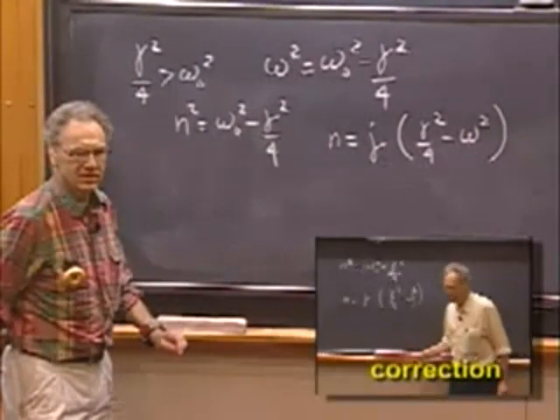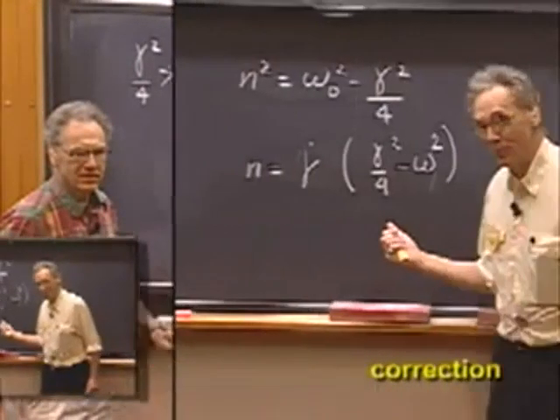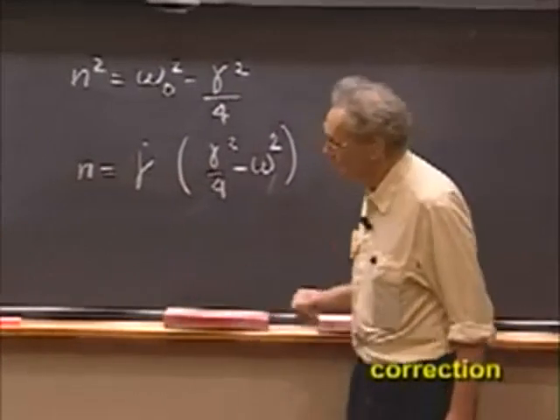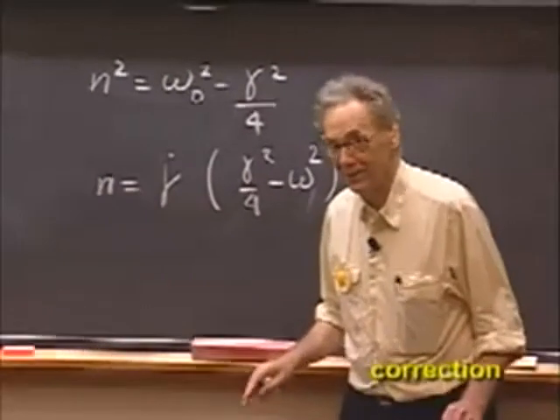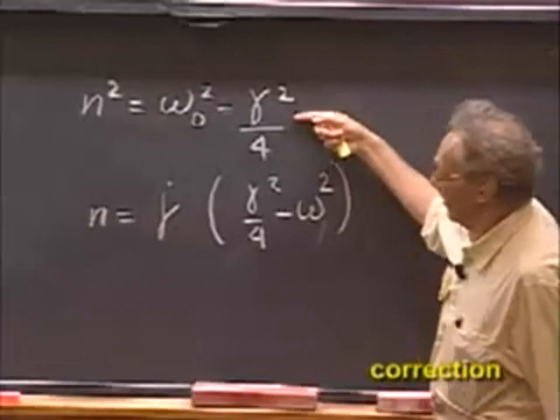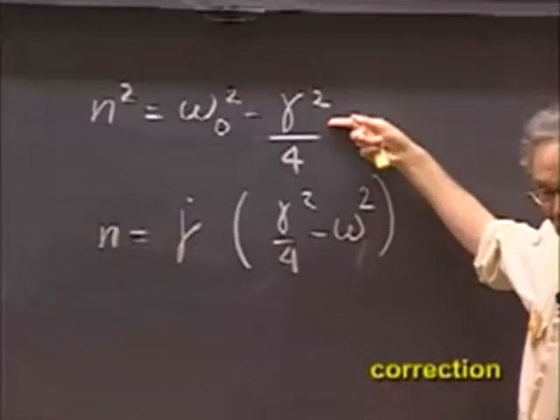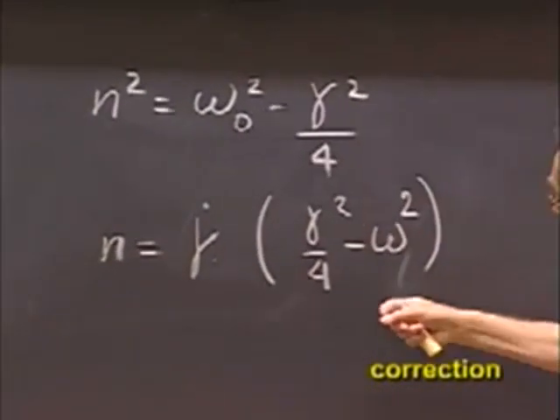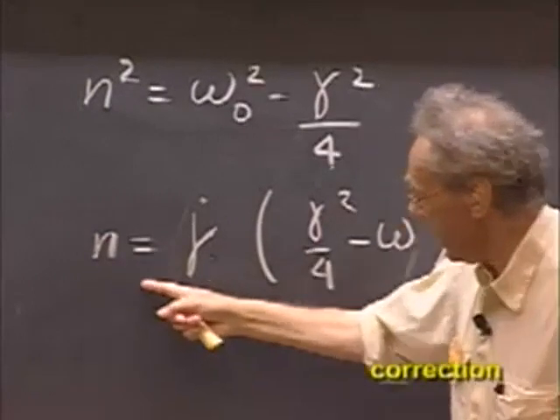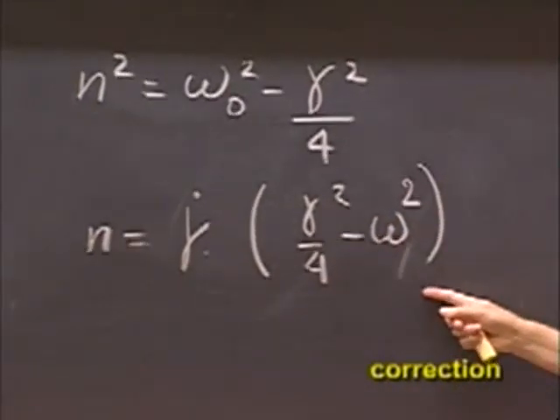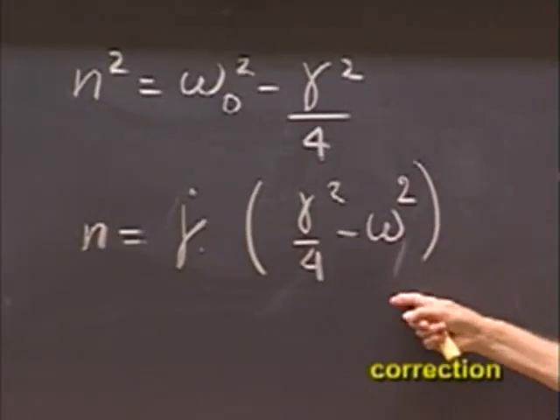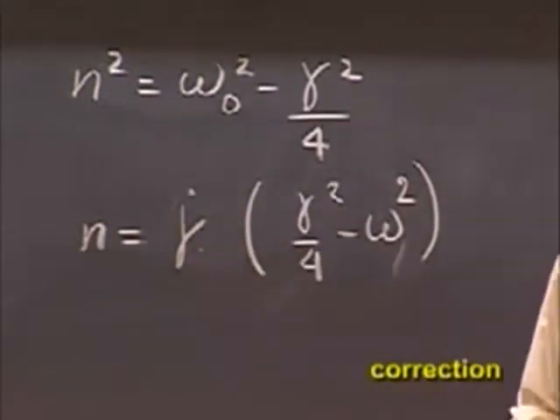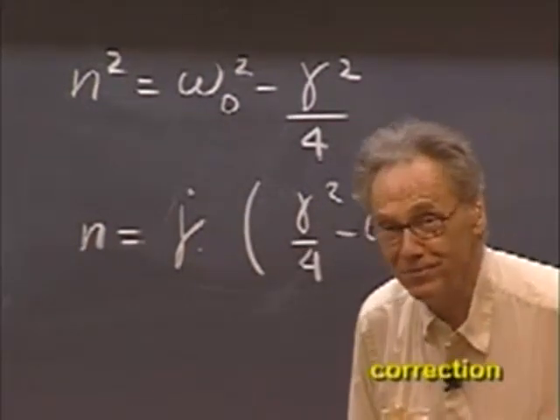Uh-oh. I did something weird again. I told you it's not my day. We had this earlier in the lecture, which is fine. And then I said, well, if you write n this way, that's also perfectly okay, because when you square this, you get this back. But that's not true.